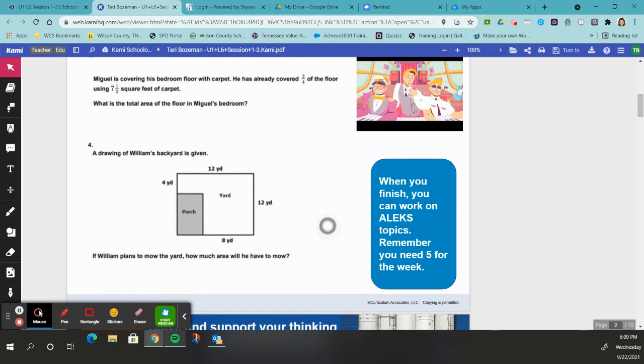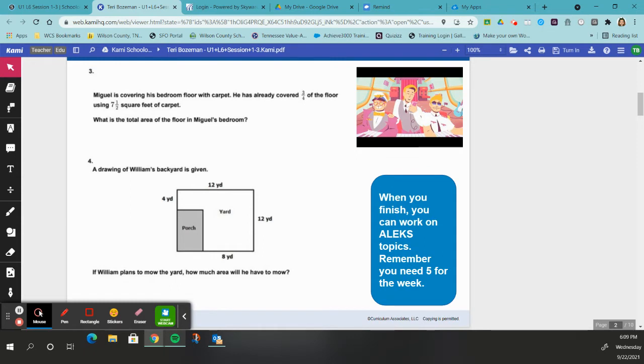So we have two start problems here. Number 3 says Miguel is covering his bedroom floor with carpet. He has already covered 3/4 of the floor using 7.5 square feet of carpet. What is the total area of the floor in Miguel's bedroom?